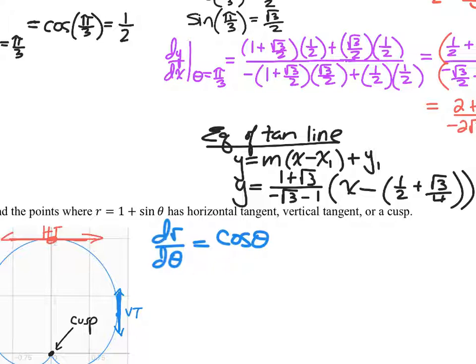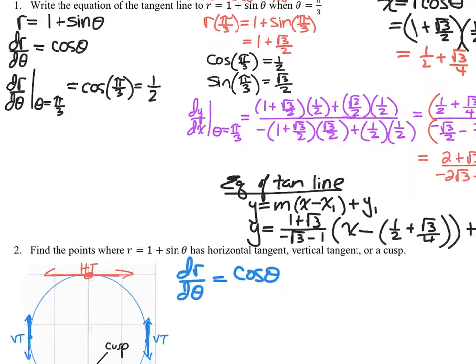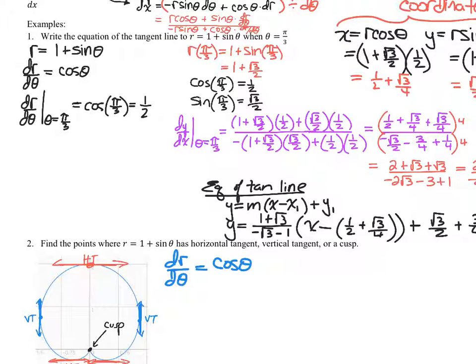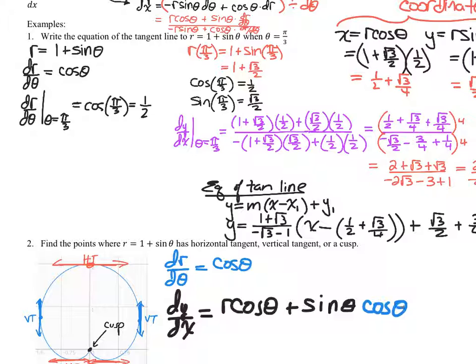So I'm going to get my formula down here, and then I'm going to do substitution. dy dx is equal to r cosine theta plus sine theta, cosine theta, because I'm plugging in the dr d theta on the front.